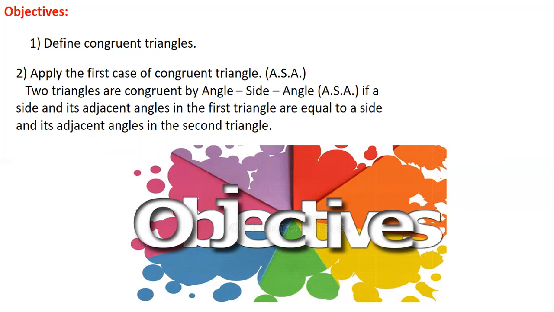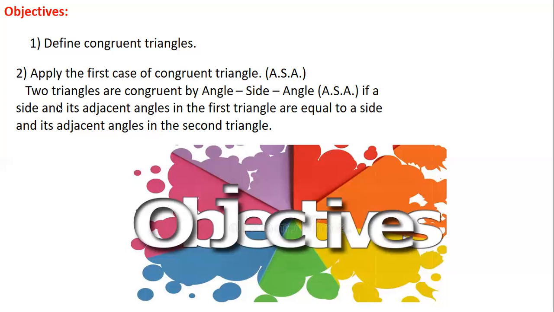What does this mean? Two triangles are congruent by angle, side, angle. So the first A refers to angle, S refers to side, the second A refers to angle. So ASA means angle, side, angle. How can we prove that two triangles are congruent by angle, side, angle?